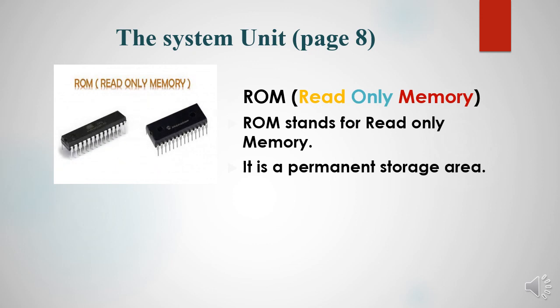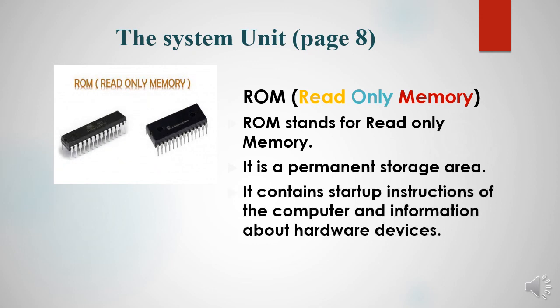This is the picture of ROM. It contains startup instructions of the computer and information about hardware devices. ROM holds two types of data: startup instructions of the computer and information about hardware devices.